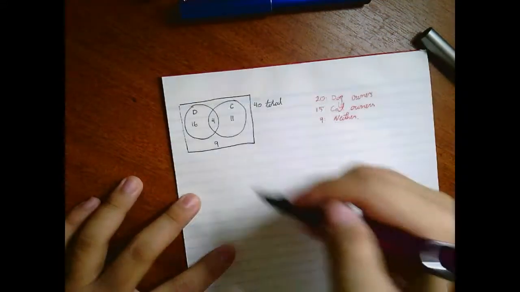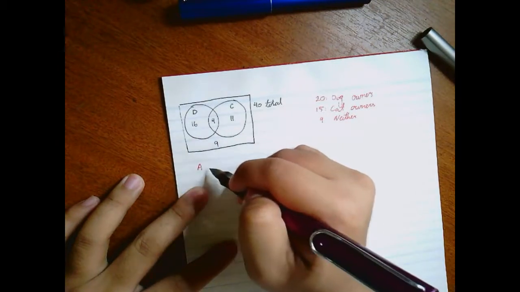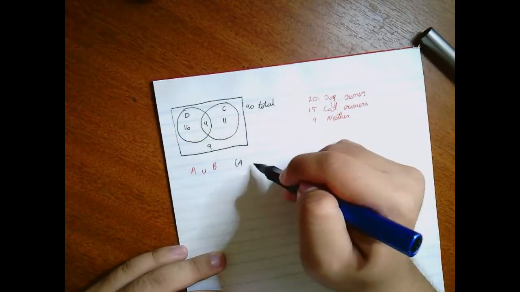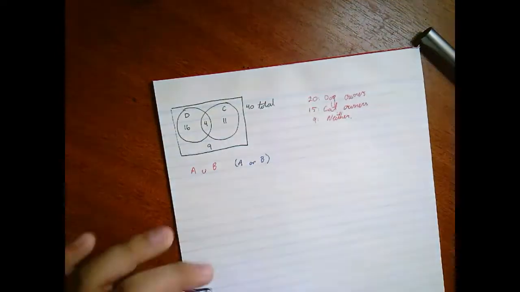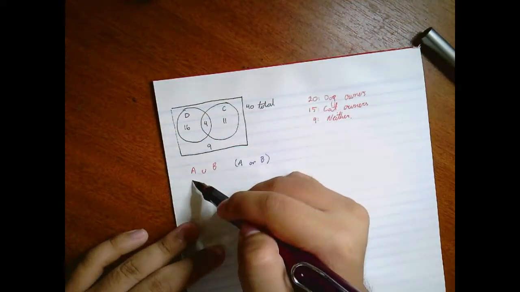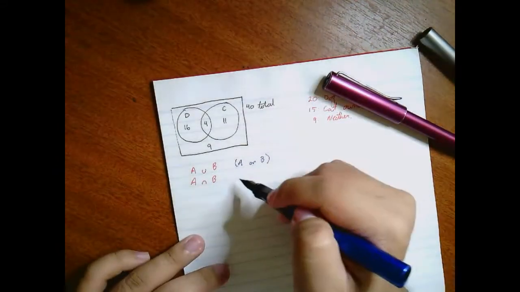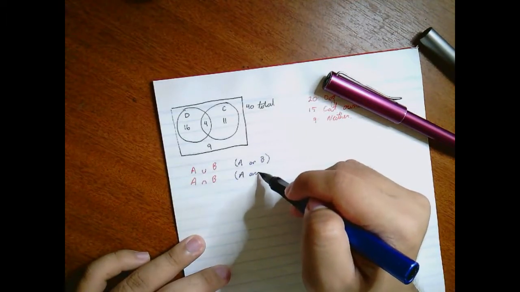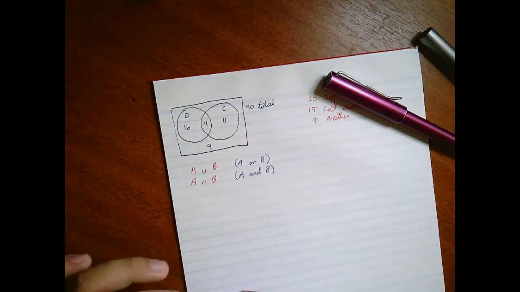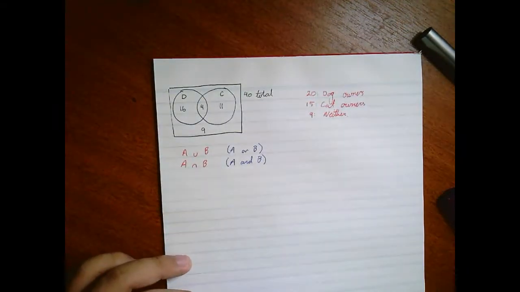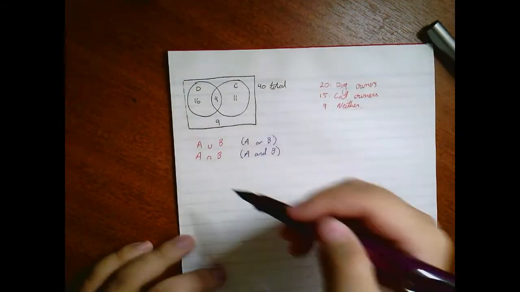So we've already covered A unified with B, and we said that we could interpret this as A or B. We had A intersect with B. We interpret that as A and B. When we graph those, I hope you can flip back to the previous video and see what these look like.